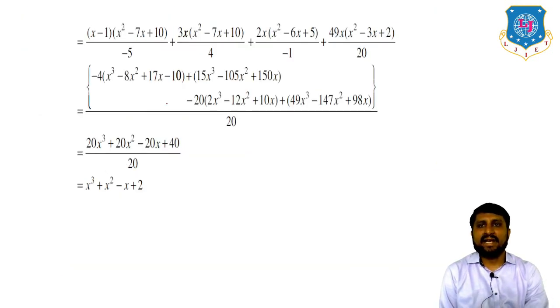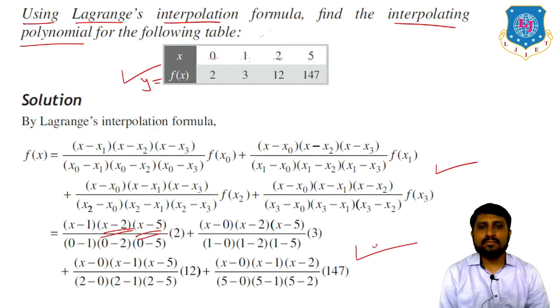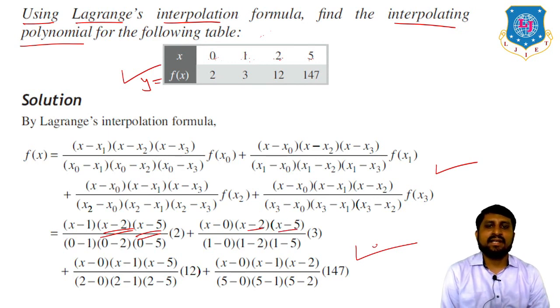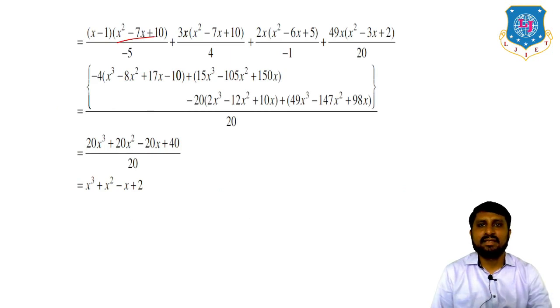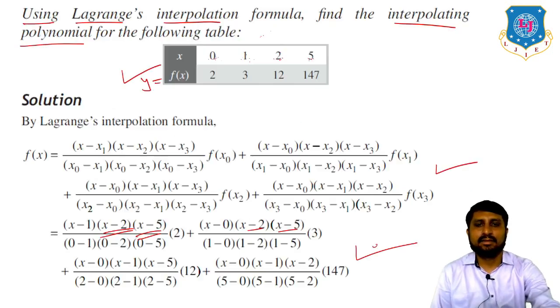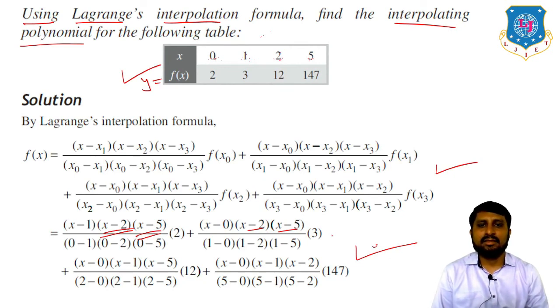So x square minus 7x plus 10. Then multiply x minus 2 and x minus 5, so that is x square minus 2x minus 5x plus 10 once again. So x square minus 7x plus 10, into 3x.